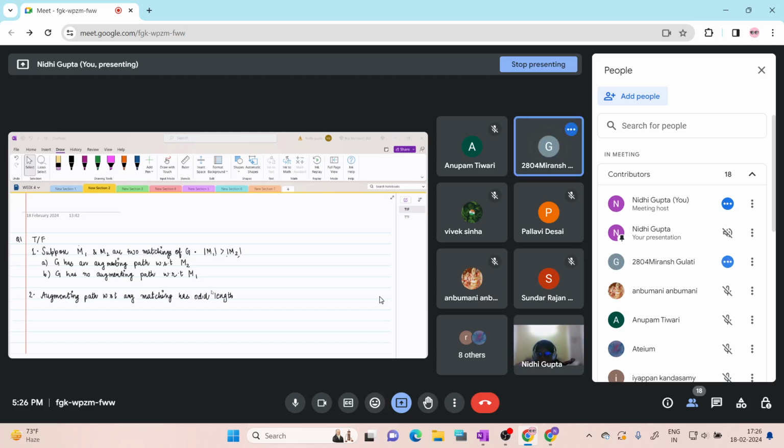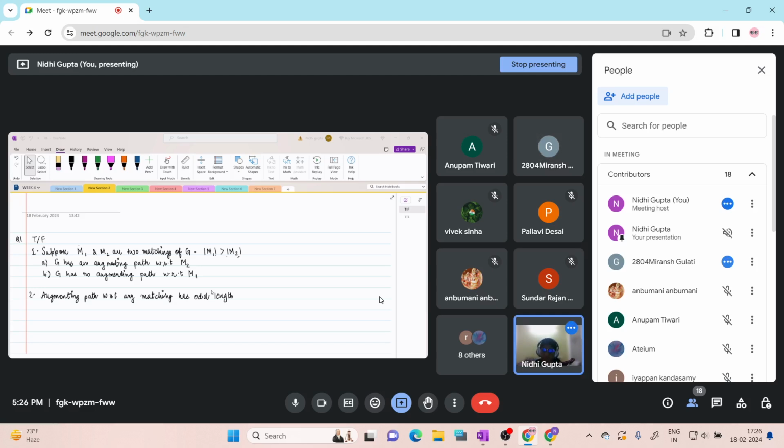If both are matchings, right? Yes. So can I say that M1 is an augmenting matching without loss of generality? What is an augmenting matching?